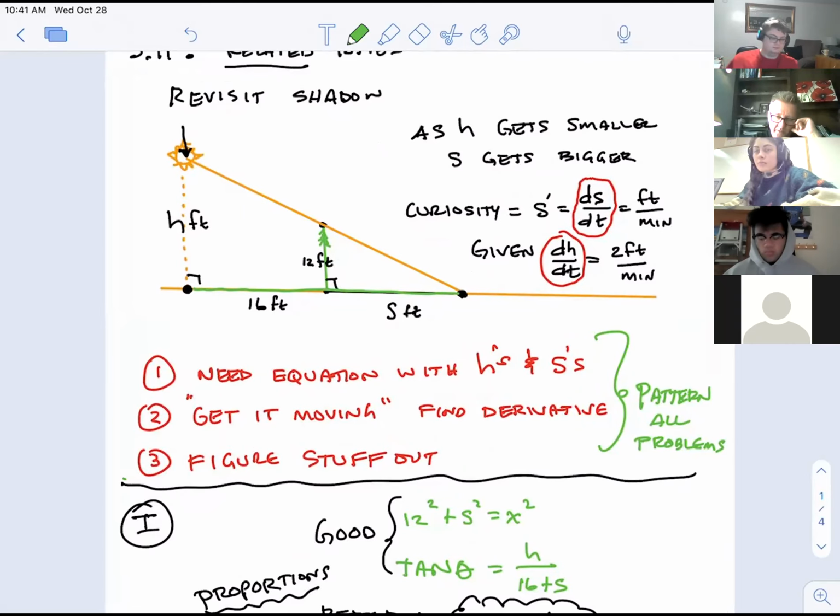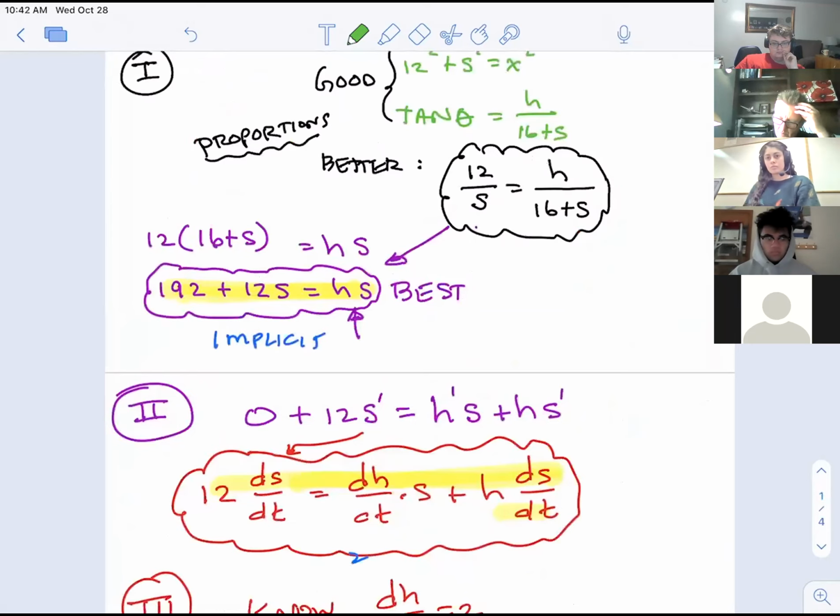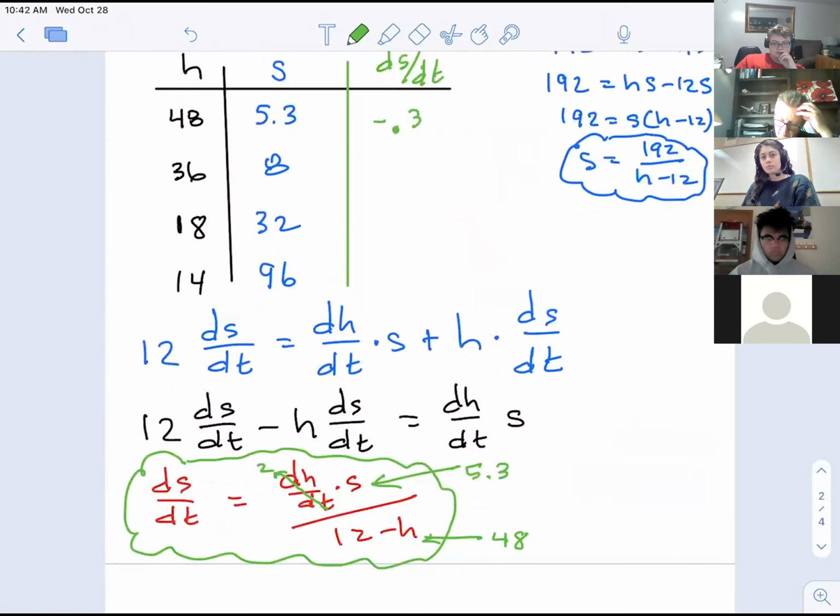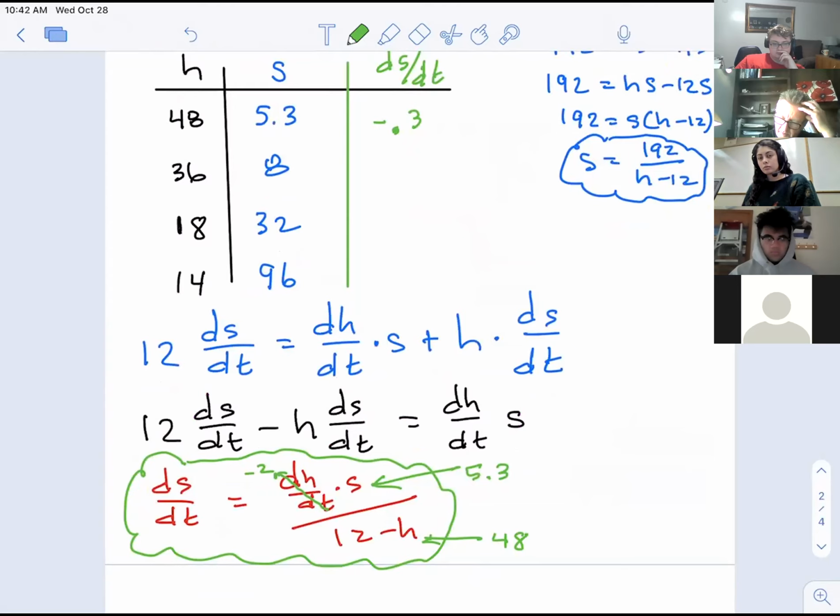If the sun was going up, wouldn't that cause the shadow to move left, and then S would be getting smaller? So ds/dt would be negative. And so, yeah, in a sense, I hope that isn't tricky on an assignment question, but really this should be a negative 2 because h is getting smaller. So that's worth fixing. If I do that, then nothing changes except for the answer.